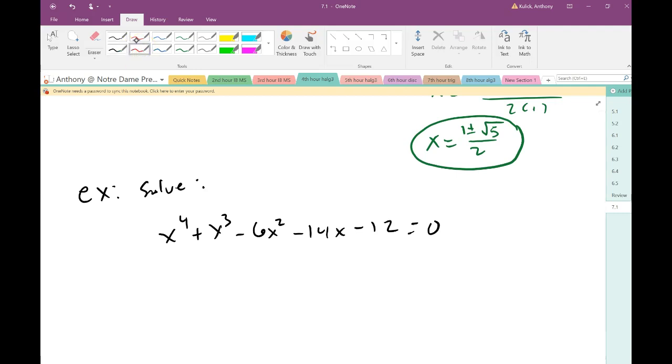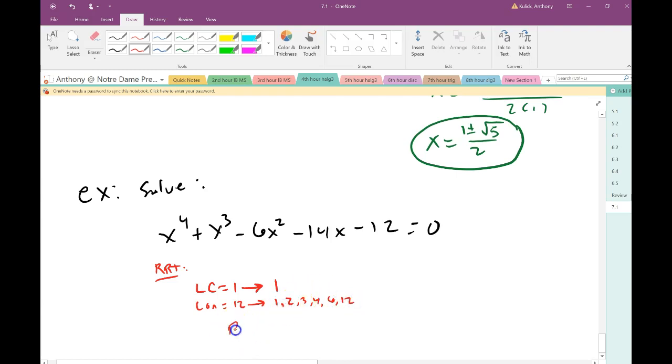Again, it's going to start the same way. I'm going to start with that rational roots theorem. And my leading coefficient is 1. The factors of 1 are just 1. My constant term is 12. The factors of 12 are 1, 2, 3, 4, 6, and 12.